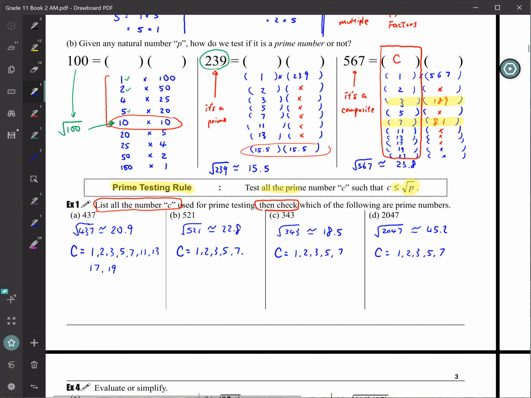And then you test each one of them. Once you finish the testing, write a conclusion, whether it's a prime, or you can say it's a composite, or not a prime. All right, please raise your hand when you finish all the testing.